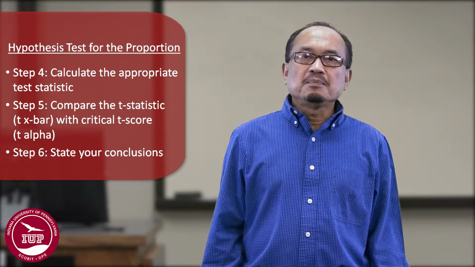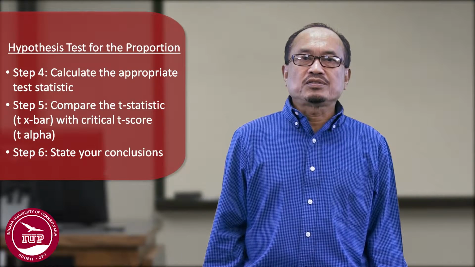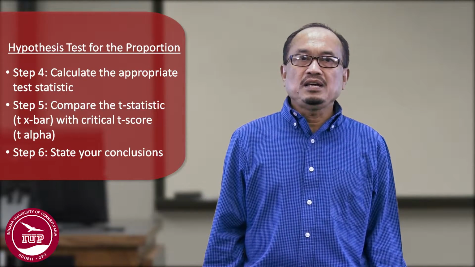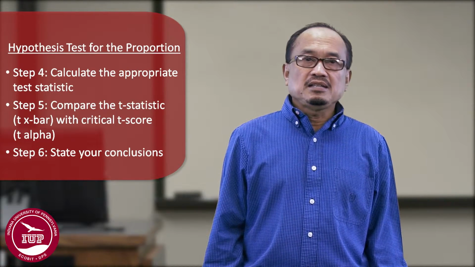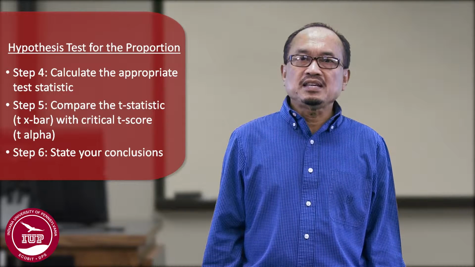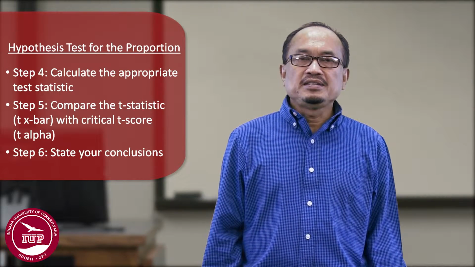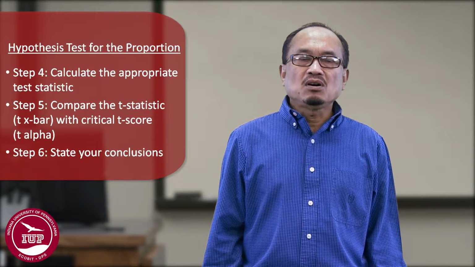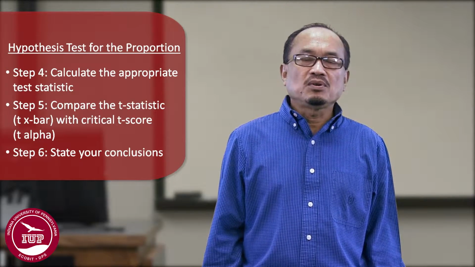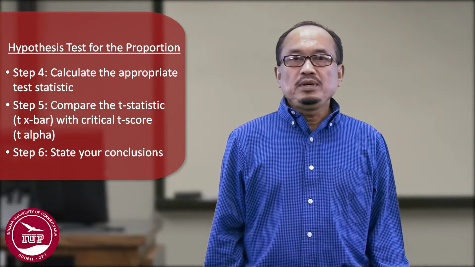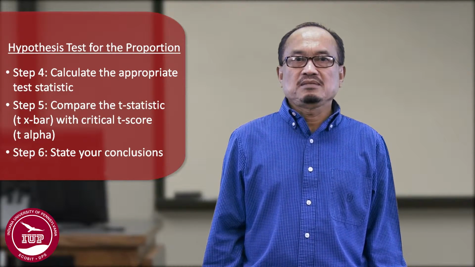Step 5. Compare the test statistic with the critical z-score. Since Z alpha equals 1.645 and Z proportion equals 1.94, and because 1.94 is greater than 1.645, we reject the null hypothesis.